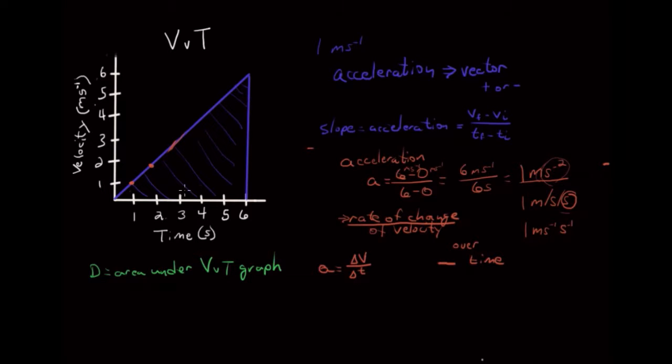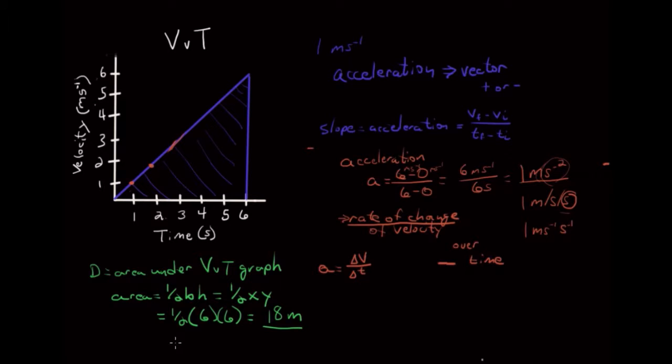We have a triangle here, and so the area of a triangle is 1/2 the base times the height. In this case, the base is x and the height is y, and so that equals 1/2 of 6 times 6, which is going to be 18 meters. So in 6 seconds, with the velocity constantly increasing, the person covered 18 meters.